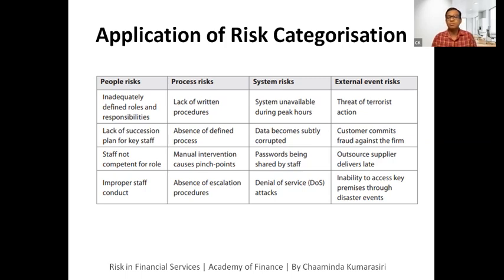And then data, right? If the data integrity is not there, so data is not traceable, you have those issues. And this is a common thing, password being shared by staff, right?